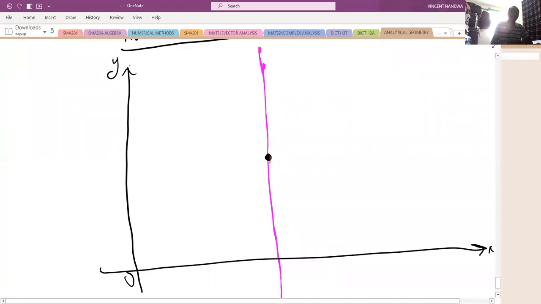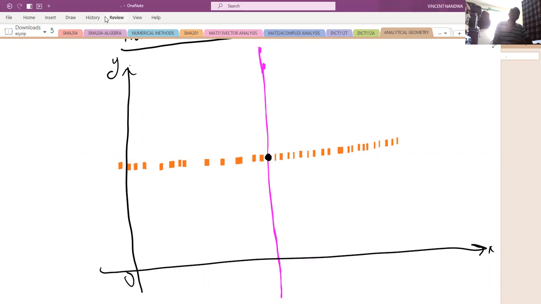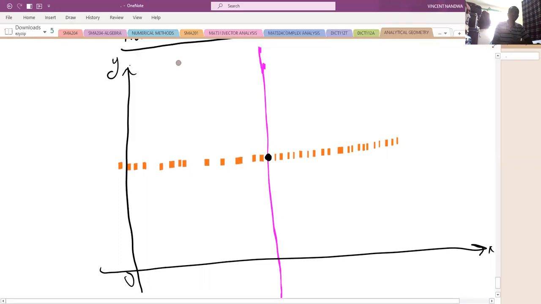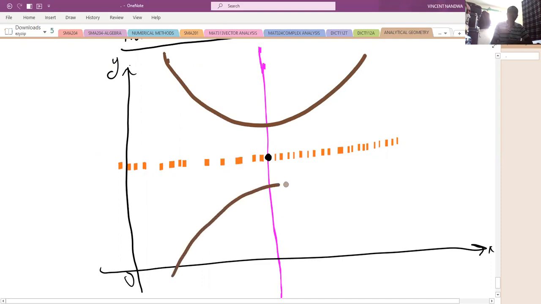So I can as well draw, so let this be the arms of the hyperbola.